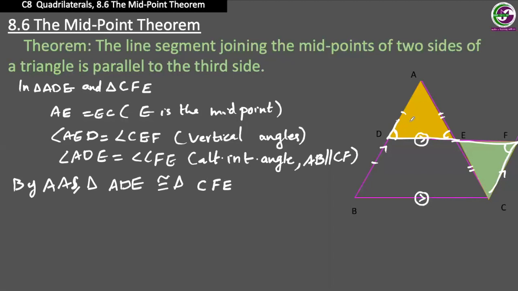So by CPCT, we get the side CF is the same as AD. AD and CF are the same. But AD is equal to DB, because D is the midpoint.